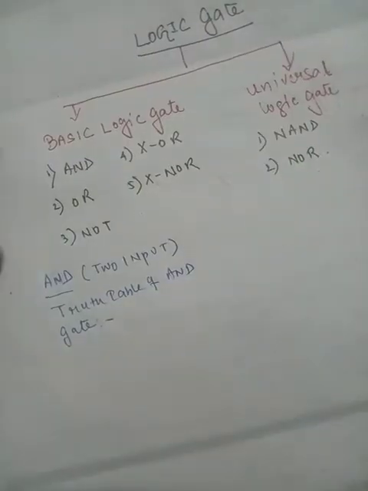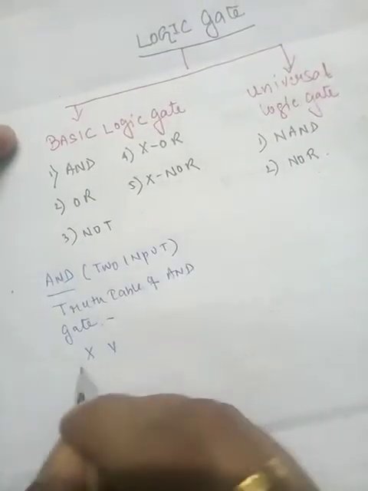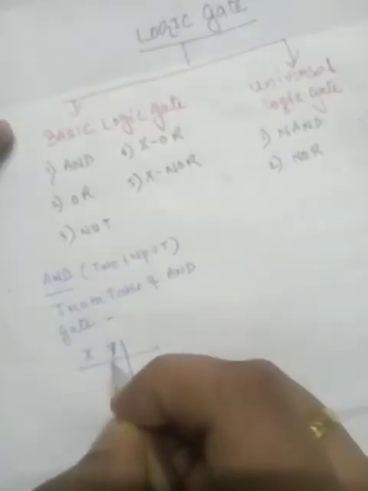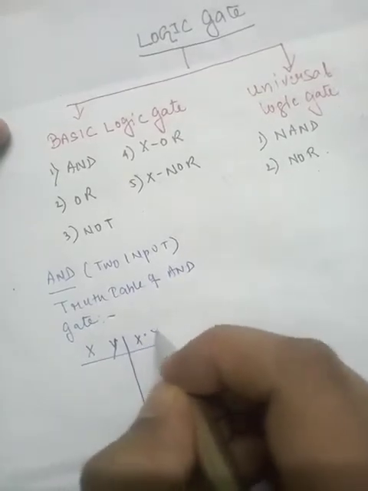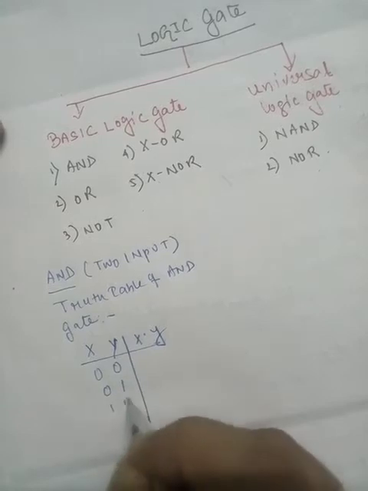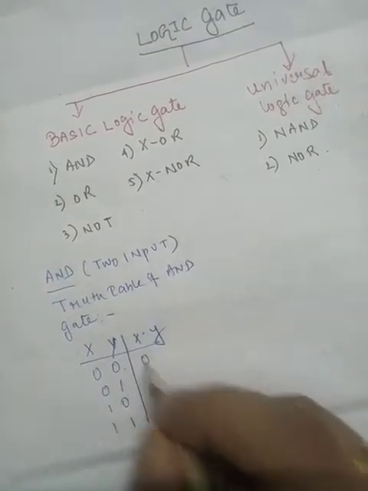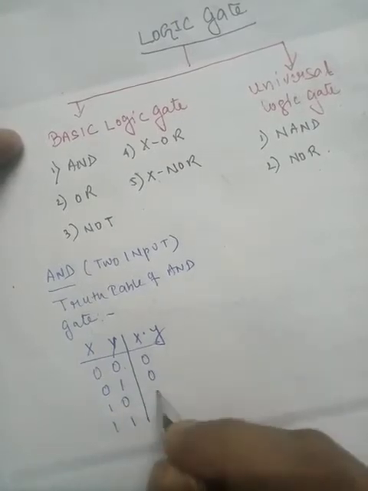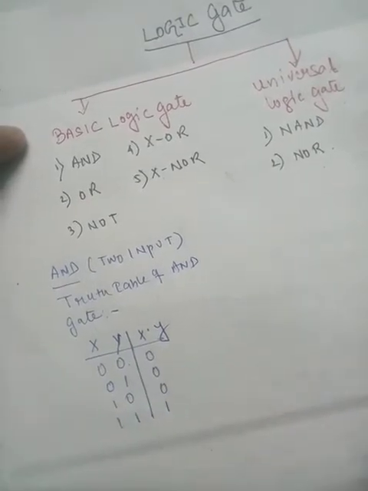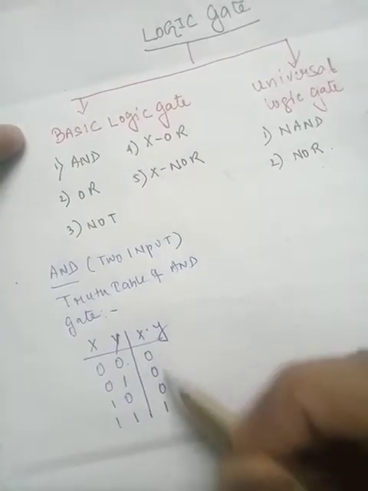Suppose you take two variables x and y, the formula of the AND gate will be x into y, with inputs 0 0, 0 1, 1 0, 1 1. Now you multiply it: 0 into 0 is 0, 0 into 1 is 0, 1 into 0 is 0, 1 into 1 is 1. Or else you can also learn it like this: if any of the input is 0, the output is 0.